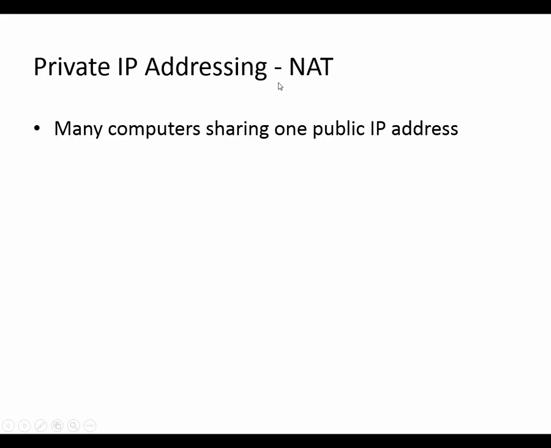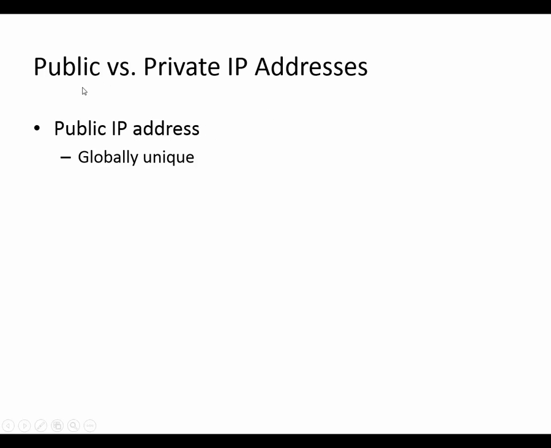Private IP addressing, which is also known as network address translation, is where many computers share one public IP address. So let's now review the difference between a public and a private IP address. When they first came out with TCP/IP, they only had public IP addresses, and that meant no 2 computers should have the same IP address, and that's the way it was for TCP/IP.